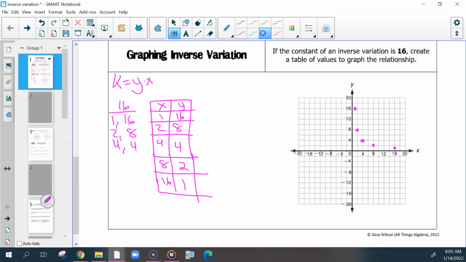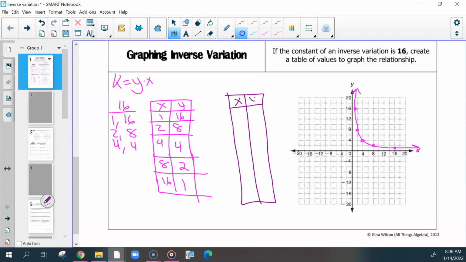So what happens is it kind of curves, and it's going to look something like this. When we found these numbers, we were just looking at positive numbers, but we could also look at negative ones as well. Because if I multiply two negatives together, I still get a positive 16.